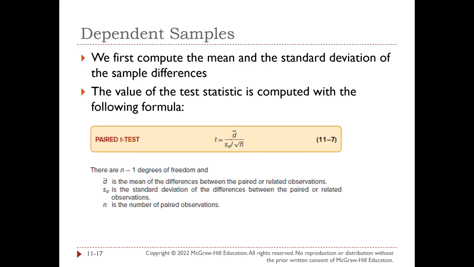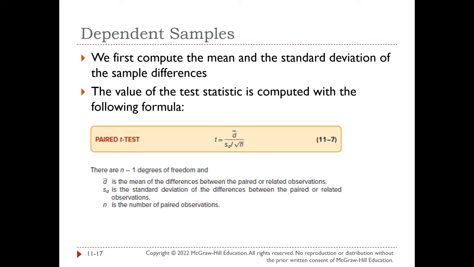All right, dependent samples. We first compute the mean and the standard deviation of the sample differences, and the value of the test statistic is computed with the following formula. So it's going to be t equals the mean of the differences between the pair of related observations.